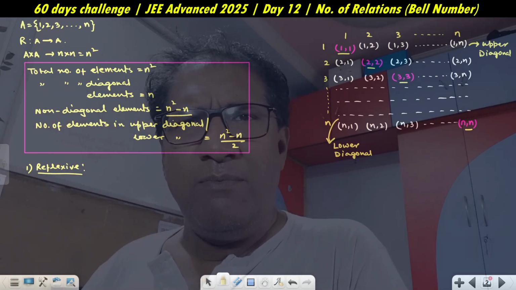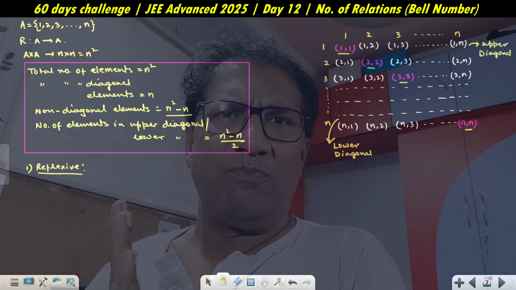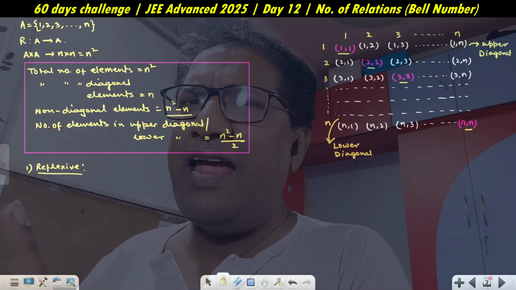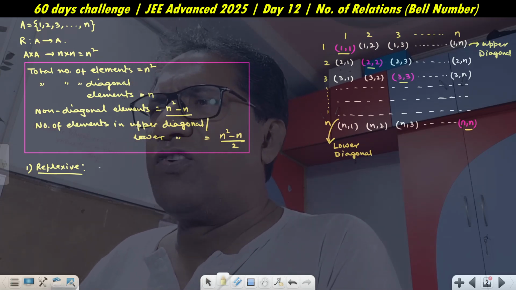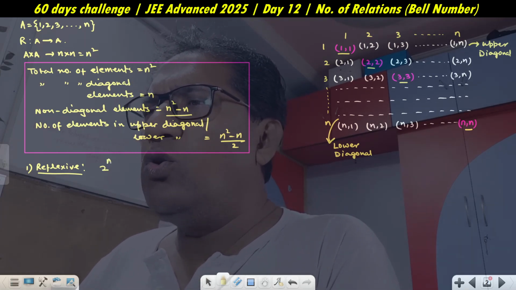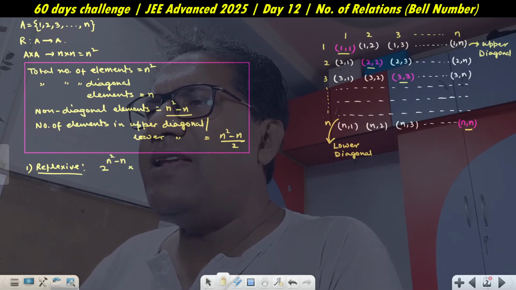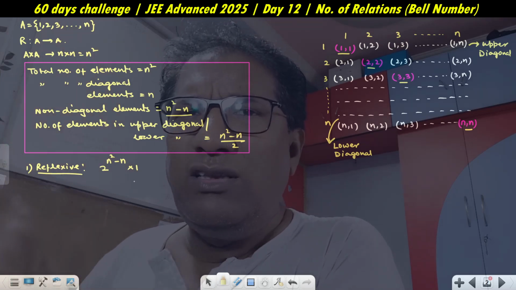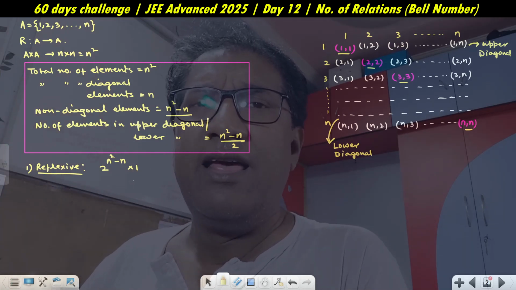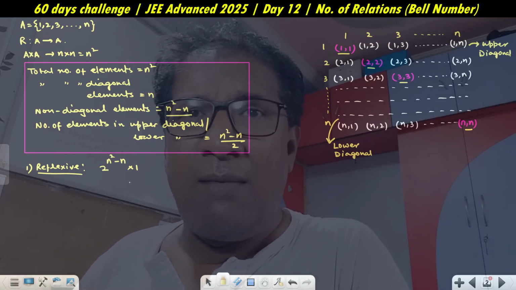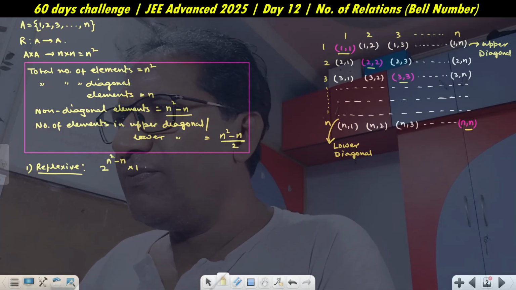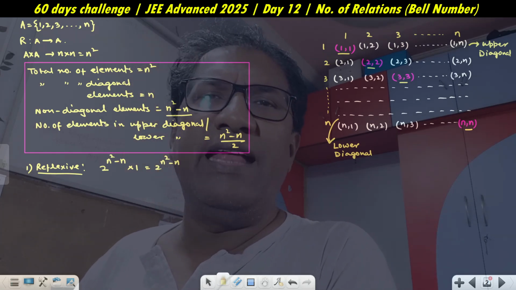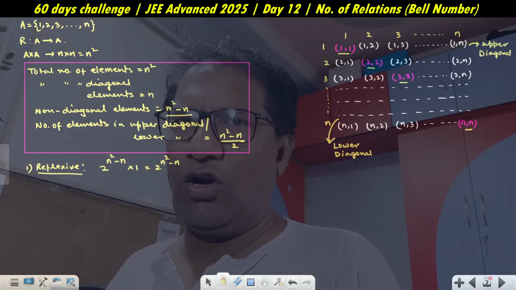Therefore, the total number of reflexive relations will be 2 to the power n square minus n, into 1. This 1 is for what? This 1 indicates that all the diagonal elements coming into our relation can come in only one way. So the total number of reflexive relations possible is 2 to the power n square minus n. Is it clear or not?